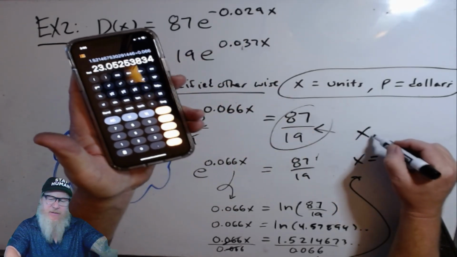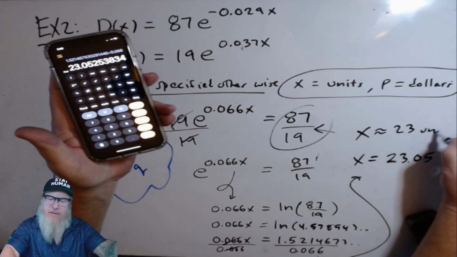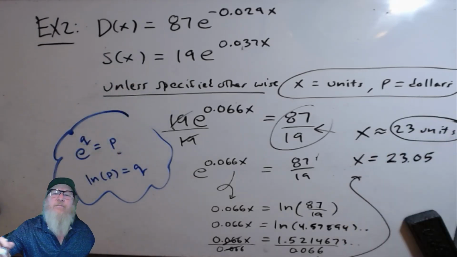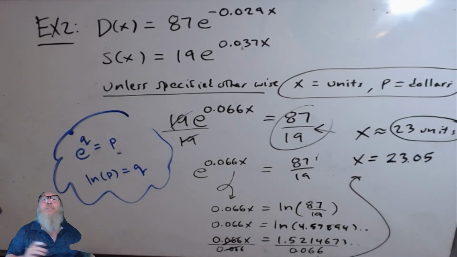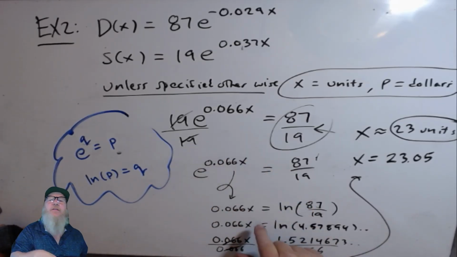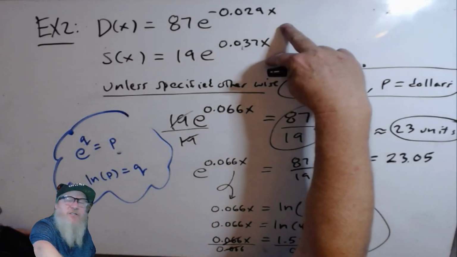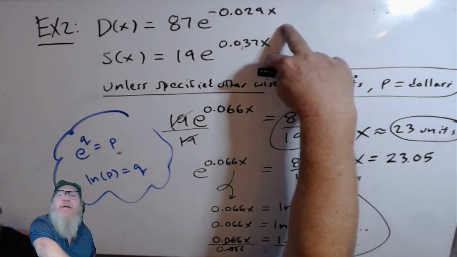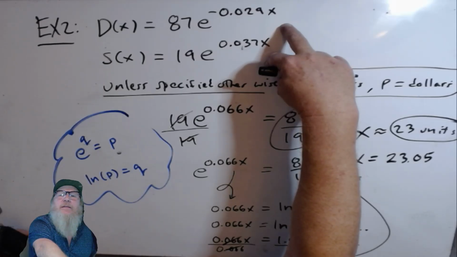Nice. So it's 23 units, whatever these things are. 23 units. Here's where some software might have been helpful. You could maybe graph these two and find that point.